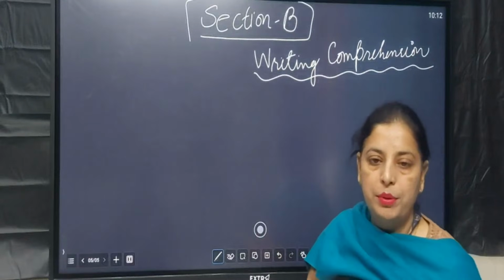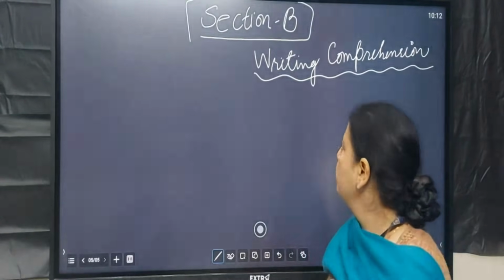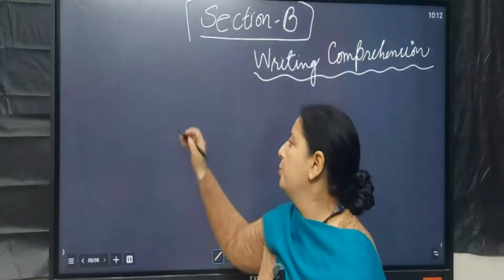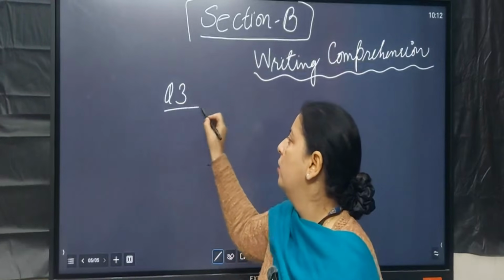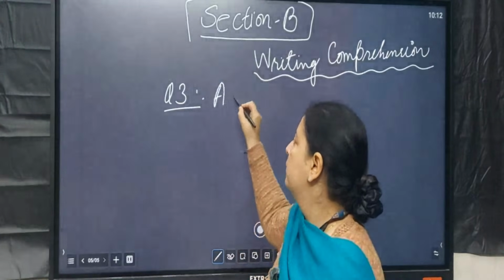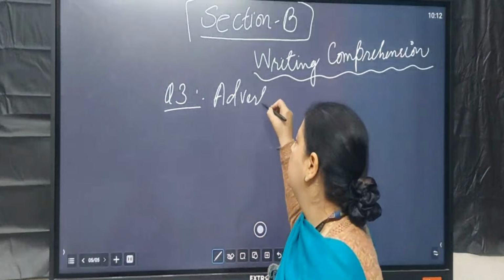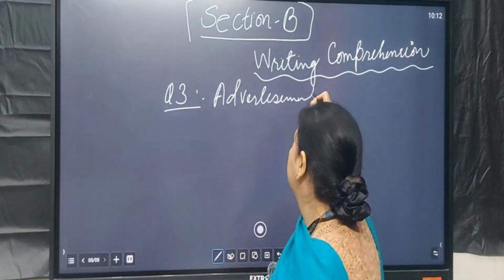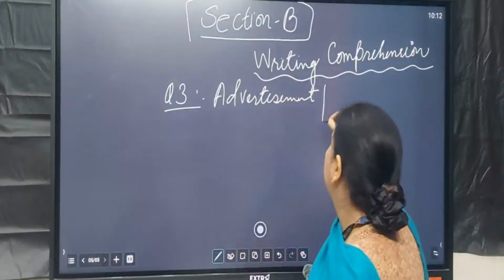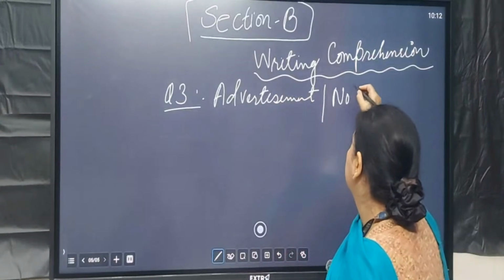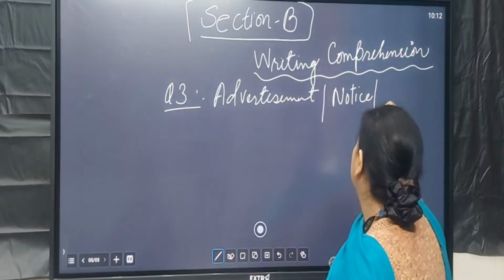That is writing comprehension. Question number 3 of your board paper is on advertisement, then you have notice or poster.